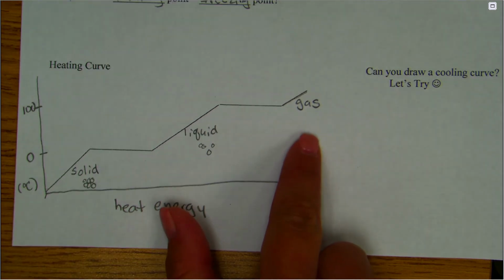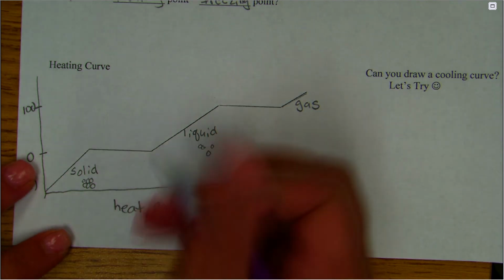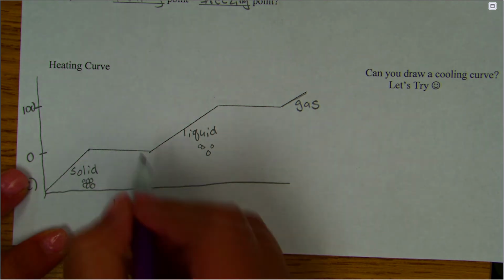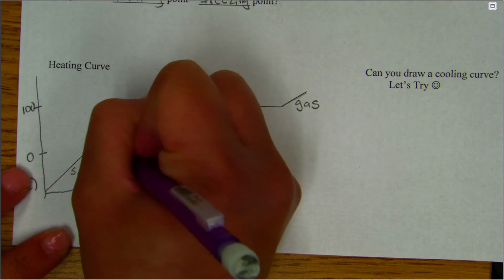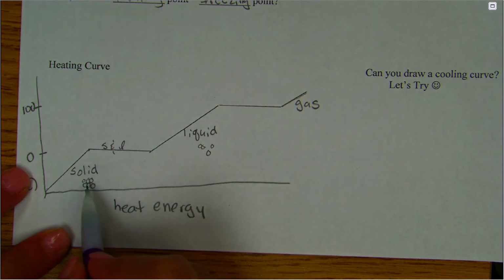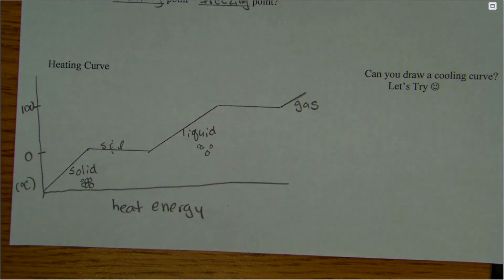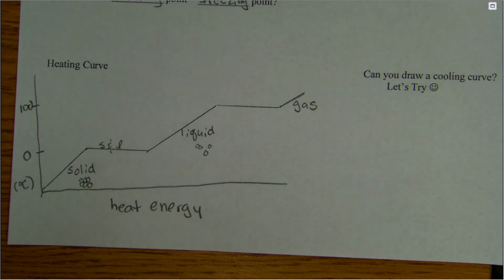And so when we go from a solid to a liquid at 0 degrees Celsius, what are we doing? We are breaking those attractive forces in order to get these particles further apart. So what type of energy is directly related to the spacing of particles?